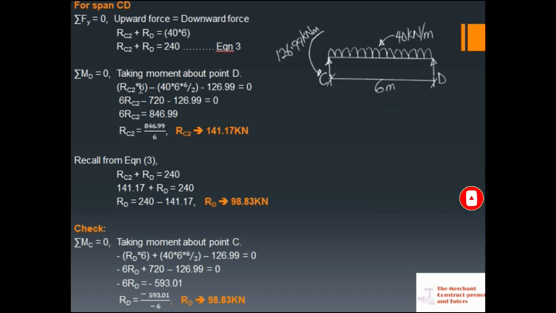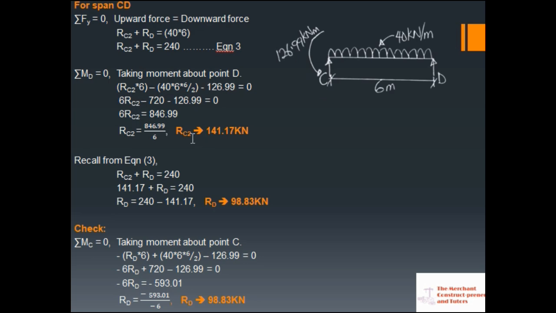So the next thing we are going to look at is summation of moment around D equals 0. So this portion, clockwise moment about D, first ROC times 6, we have it here, minus this, which is going to come downwards anti-clockwise. So 40 times 6 is the point load, acting at the center, 6/2, minus the anti-clockwise support moment.